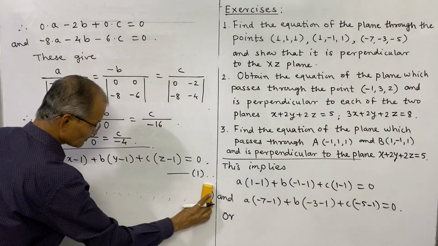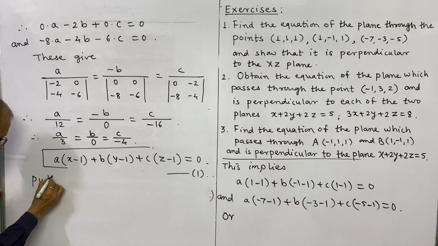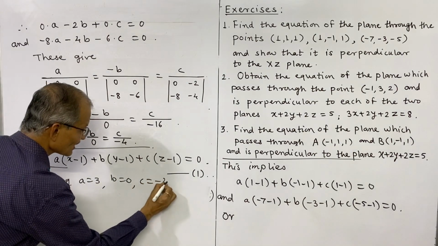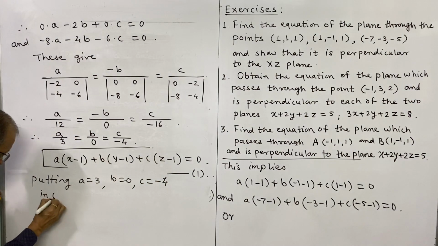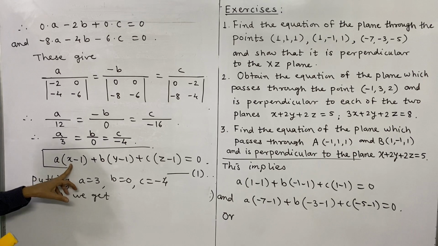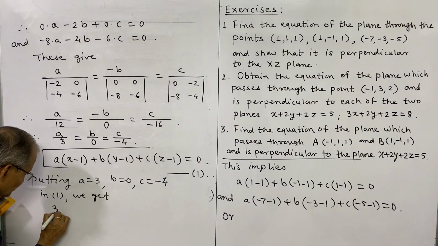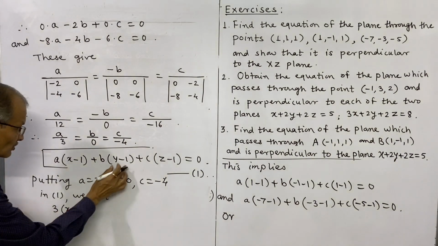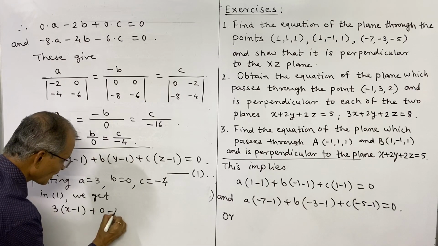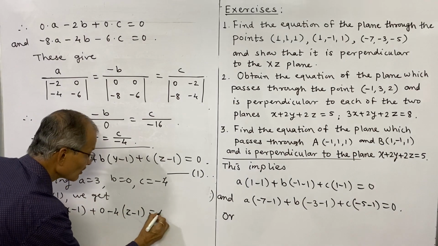So putting the values, or that means putting a is equal to 3, b is 0 and c is -4 in 1, we get, now see what will be the equation. a is 3, 3 into x minus 1, and b is 0, so this is 0, plus c is -4, and that is -4 into z minus 1 is equal to 0.